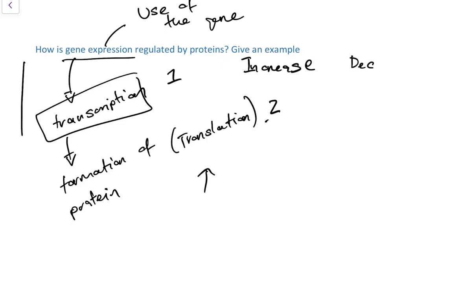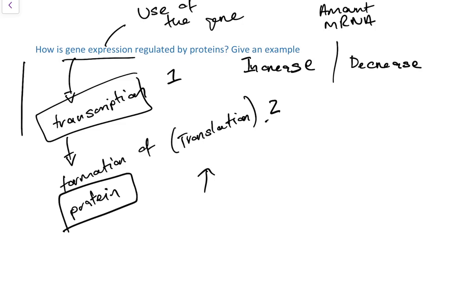We could decrease as well. So gene expression is something that can either increase or decrease, because it's the transcription of a gene. We could think of it as the amount of mRNA which is being produced. And then that amount of mRNA will then influence the amount of protein in the end that we make.